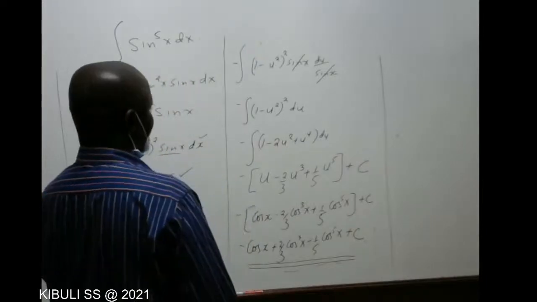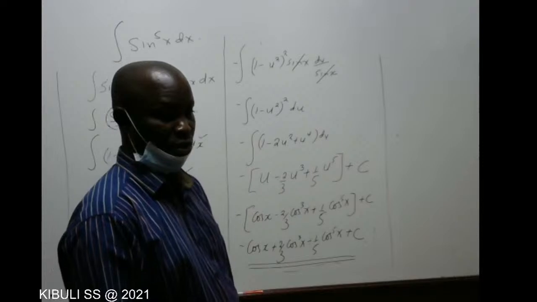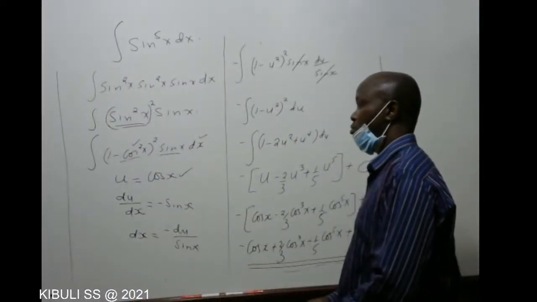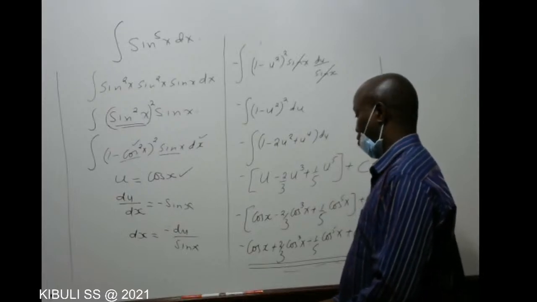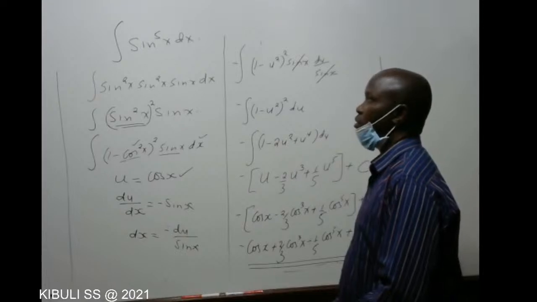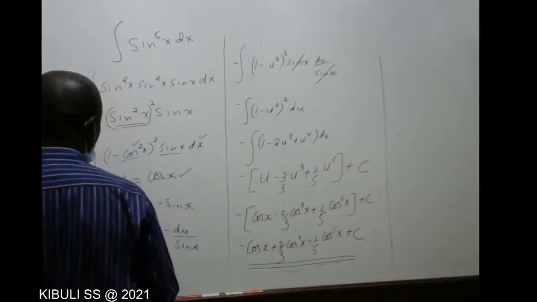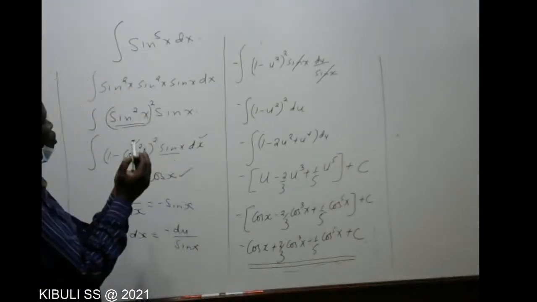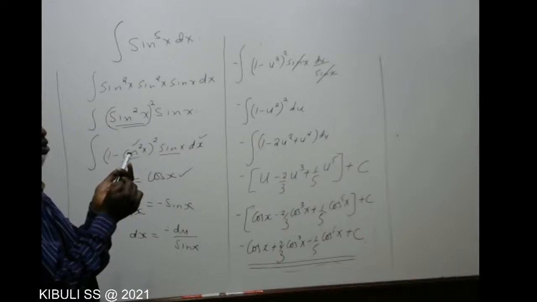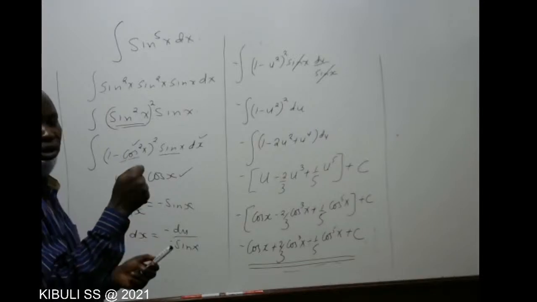At the moment, there are so many numbers I'm going to handle in the Bakhouse 2 book. You have those 2 books. So this is still chapter 1, and you'll be looking at only the integration of all the powers of sin and cos.